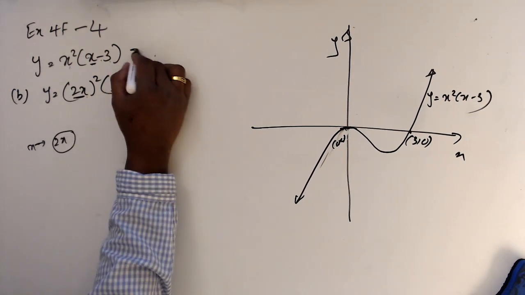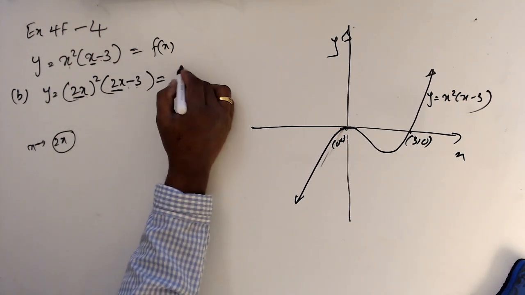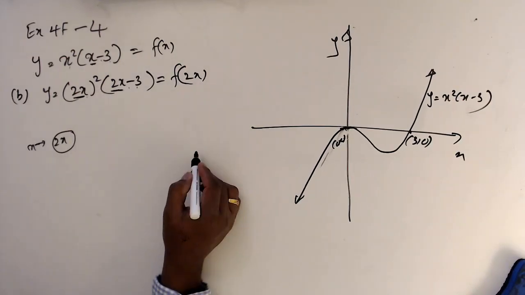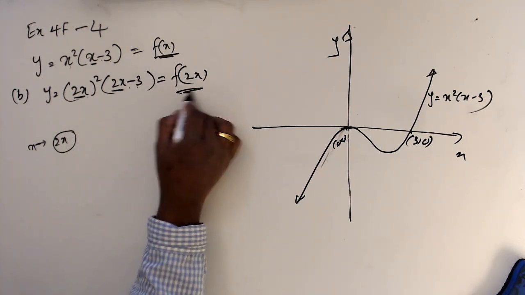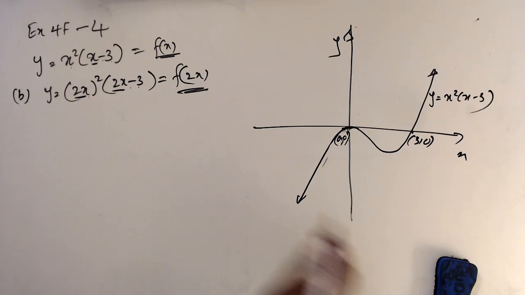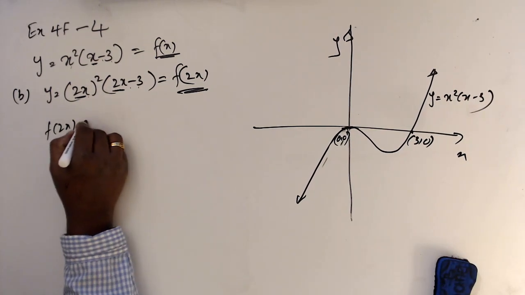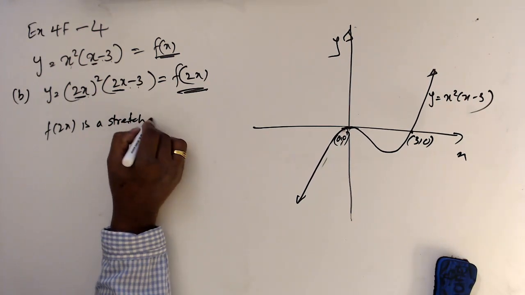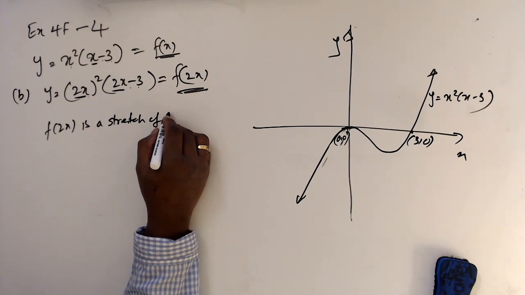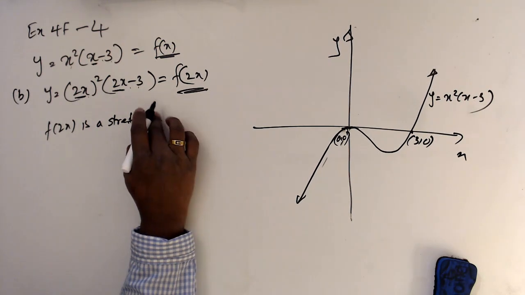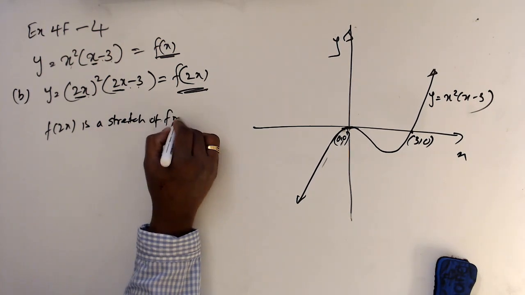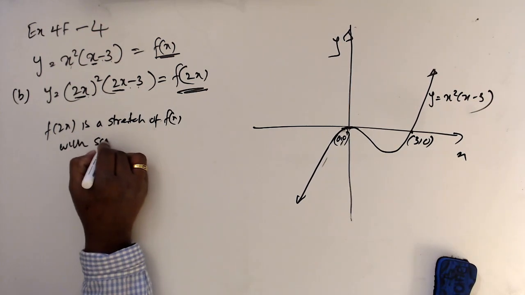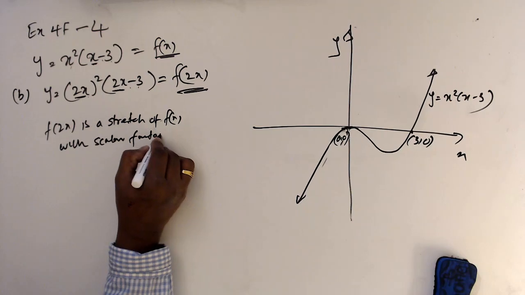It means if this graph is f(x), what is this graph? f(2x) graph. Since I know f(x), now I can do f(2x). f(2x) is a stretch of f(x) with a scale factor.